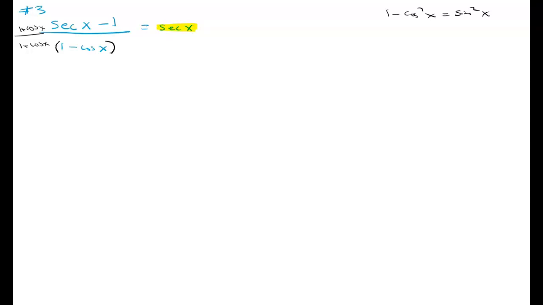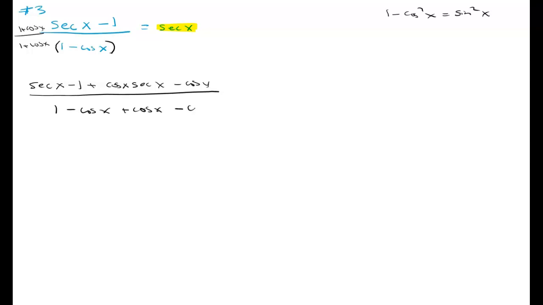So I'm going to distribute, so this will become secant of x minus 1 plus cosine of x times secant of x, and then minus cosine of x. And then in my denominator, this will give me 1 minus cosine of x plus cosine of x minus cosine squared of x. Okay.